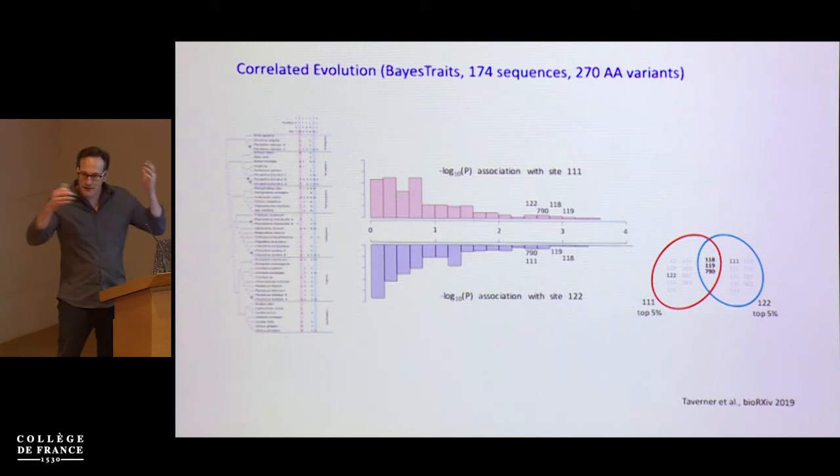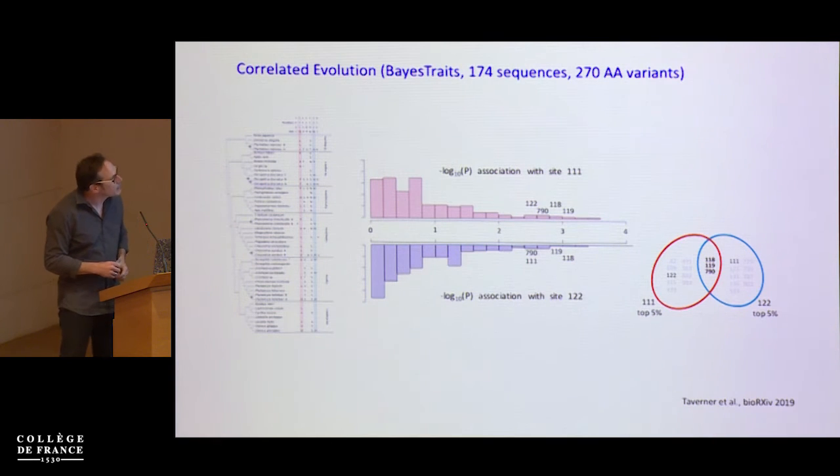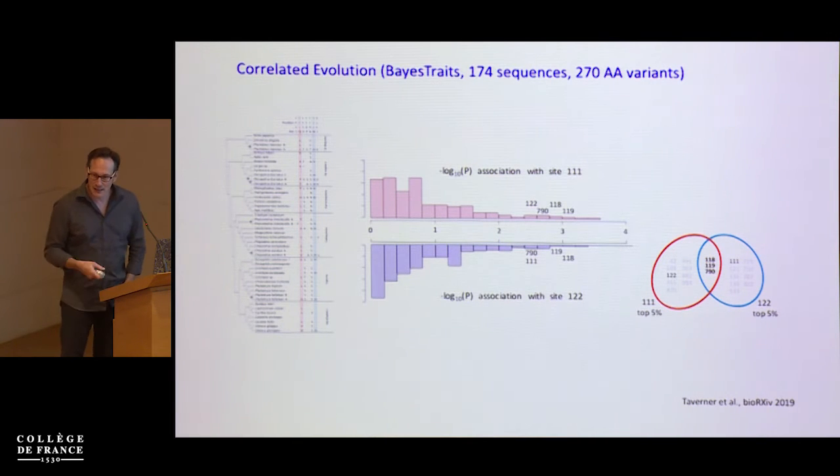We're looking at all variants in the protein now, naive to information about function. We found a number of sites that were strongly correlated with position 111. The p-value distribution is on top here, and a number of sites that are highly correlated with position 122, shown on the bottom here.